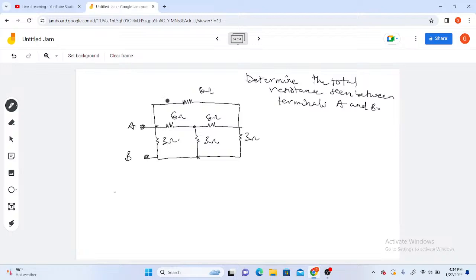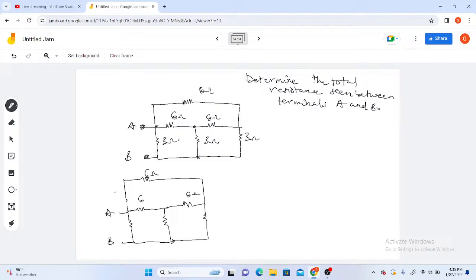How do we do that? Now let me redraw that circuit and put in the star form. So this is it, then this is it, A, then B. So this is our 6 ohm, 6 ohm, 6 ohm, 3 ohm, and 3 ohm, 3 ohm.